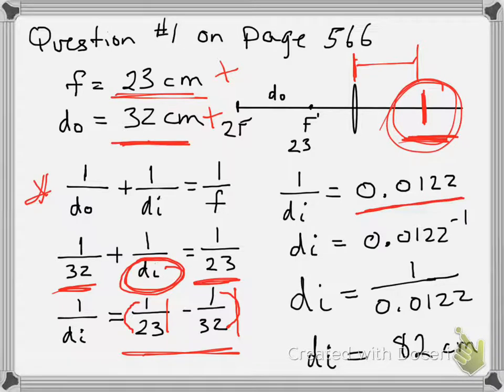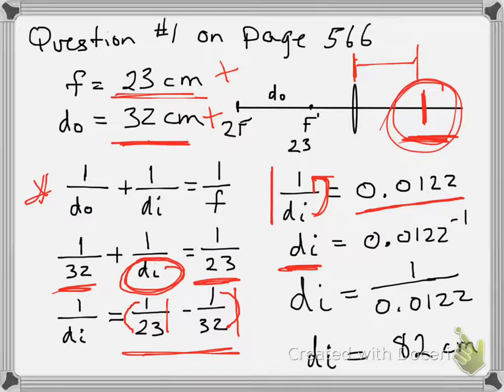Now, on this side, it is an inverse relationship. So we have a 1 over the distance of the image. To make it di, you've got to reciprocate it. Right? So you're going to invert the fraction, so you're going to end up with di. When you do that, you have to do the same to the other side.